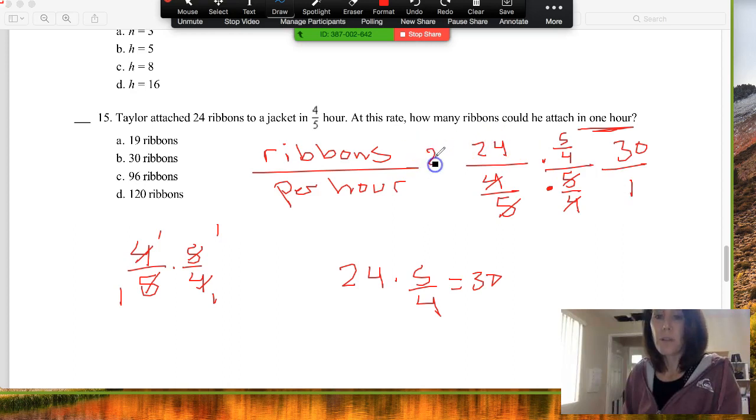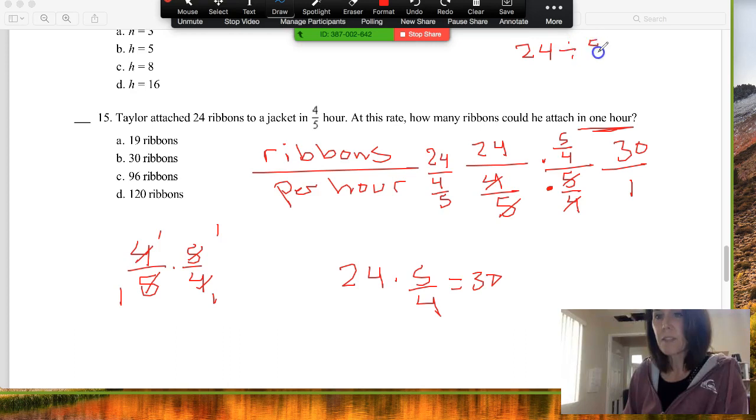So if there's 24 ribbons in 4/5 of an hour, I literally take 24 and divide it by the denominator. That will make this be 1. So if I take 24 and divide it by 4/5, remember division, here's another way to look at it. Division is the same as a reciprocal and multiplication.